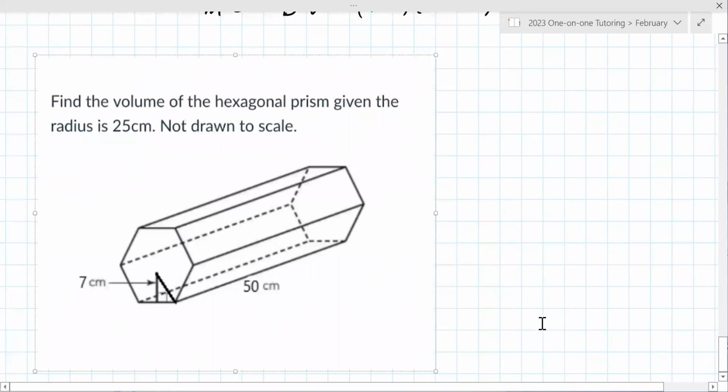Find the volume of the hexagonal prism given the radius is 25 centimeters. That's not right. Not drawn to scale. There's something not right about this. If this is 7, there's no way this can be 25. I guess that's why she said not drawn to scale.